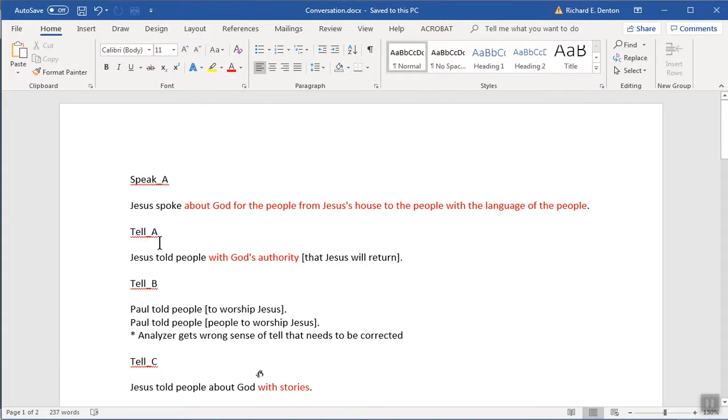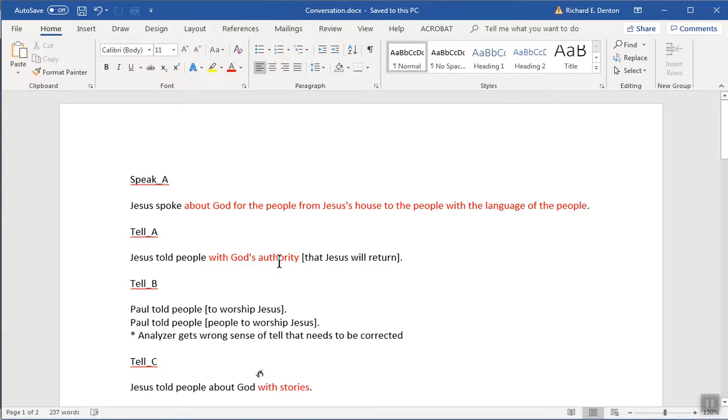Tell A, here's an example. Jesus told people with God's authority, in brackets, that Jesus will return. So the mandatory parts are Jesus told people that Jesus will return. So people is the destination, and that Jesus will return is the patient proposition.